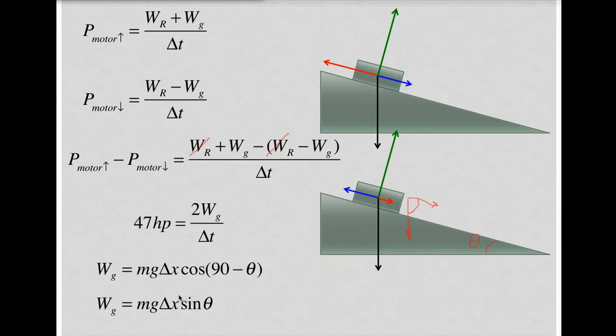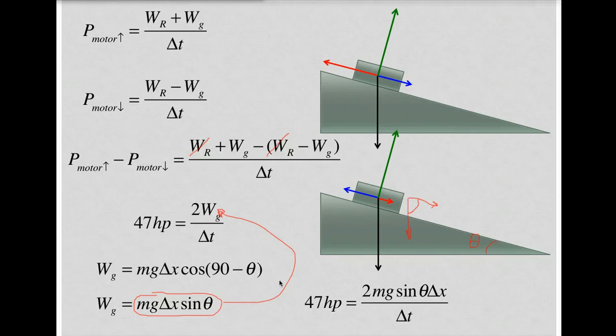Then I'm taking this whole thing and plugging it in right here. So 47 horsepower is going to be 2 mg sine of theta times delta x. And then delta x over delta t is our velocity, and they gave us velocity.